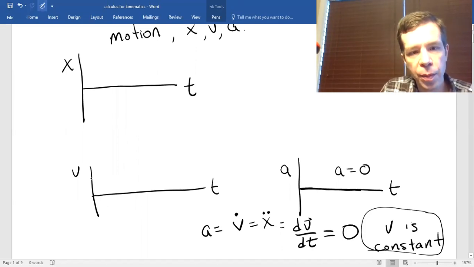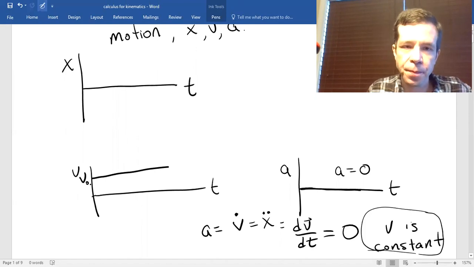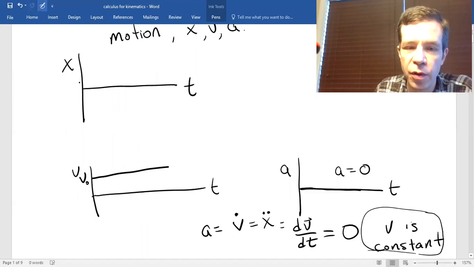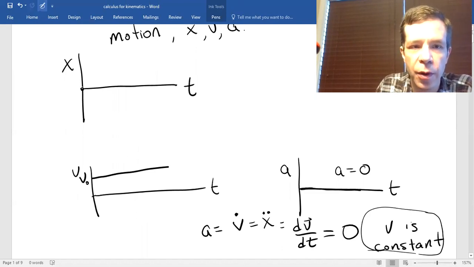All right, so let's just pick an initial velocity. We'll say we have some constant positive velocity v0. What does the position versus time look like? Let's assume that we start at 0 and we're moving at some constant velocity v0.